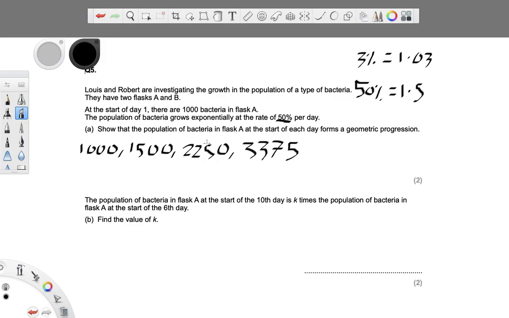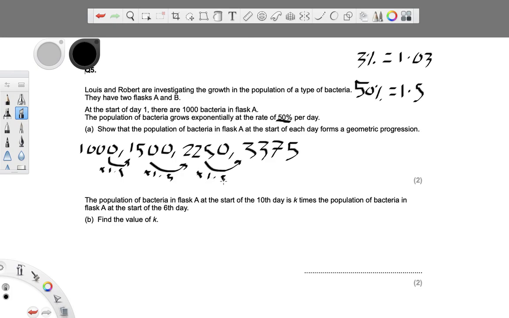So then, this is obviously a progression. And how do we know that it's a geometric progression? Because every time each number goes up by a factor of 1.5.